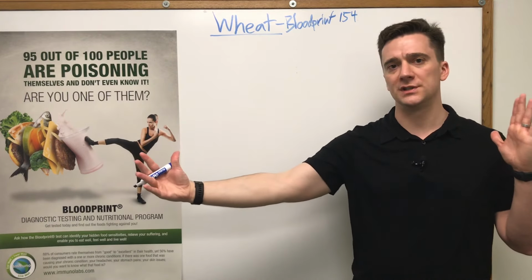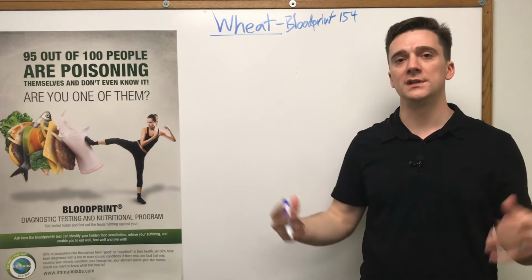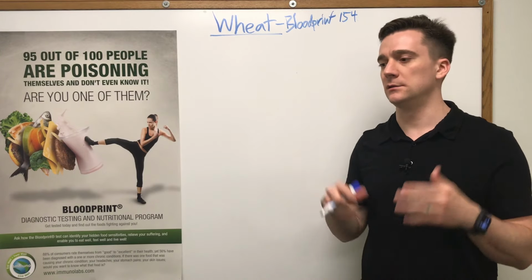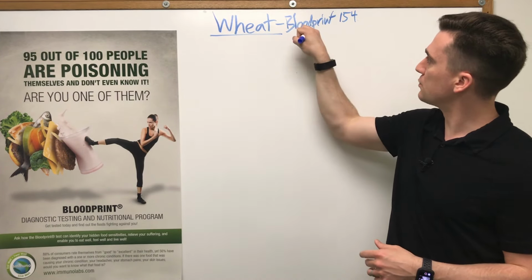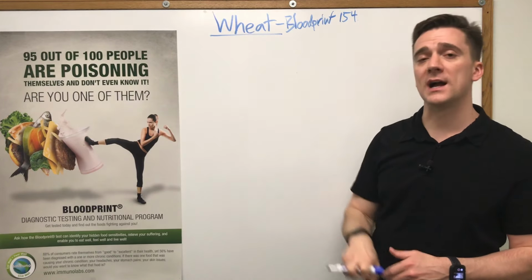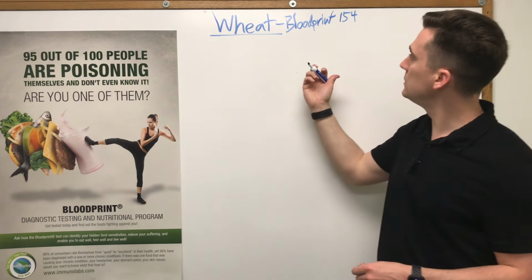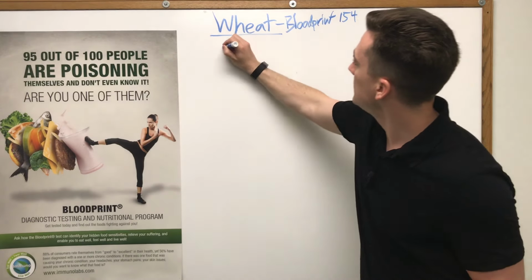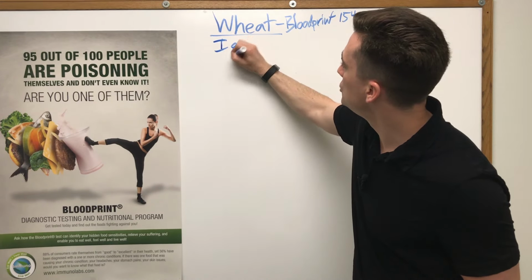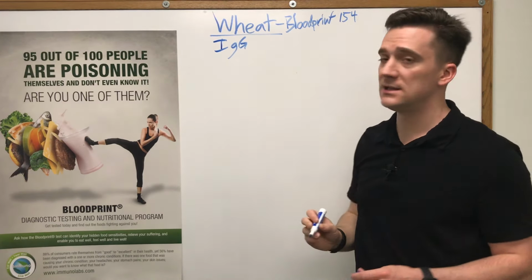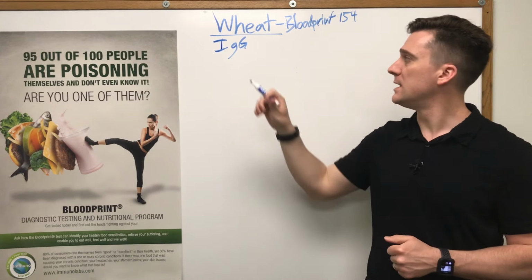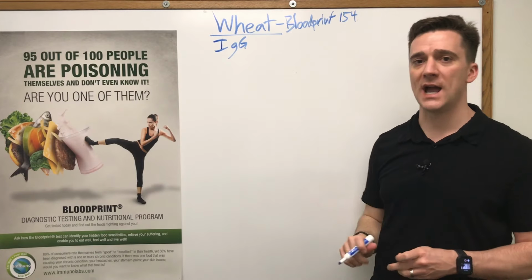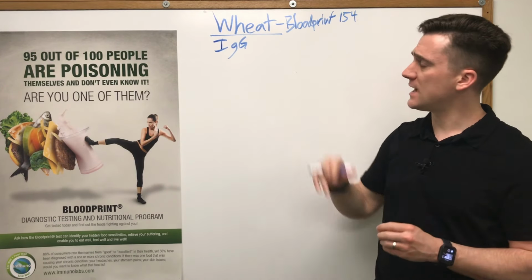I wanted to see the largest gamut of foods, mainly so I could share with everyone about everything that I had an issue with. So I did the Bloodprint 154. I came up reactive to wheat. So that is going to be looking at an IgG. So that's an immunoglobulin G, which is part of your immune system. It's looking at that delayed reaction, okay? So that's what I had an issue with.